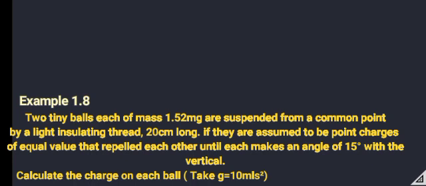If they are assumed to be point charges of equal value that repel each other until they make an angle of 15 degrees to the vertical, so they repel each other to a stop at an angle of 15 degrees. This one also becomes 15 degrees to the vertical, right?